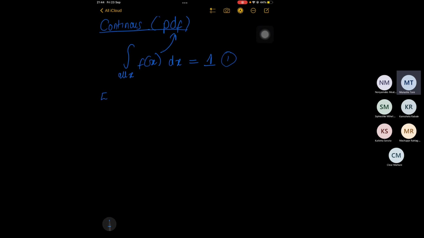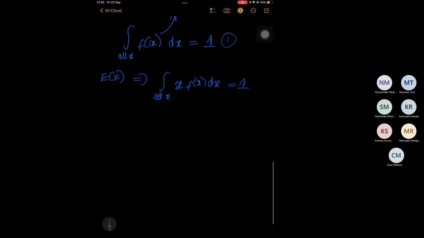Then the second, when I'm looking for the expectation of X, it's going to be the integral over all X values of X times function of X dx. This is the other property.